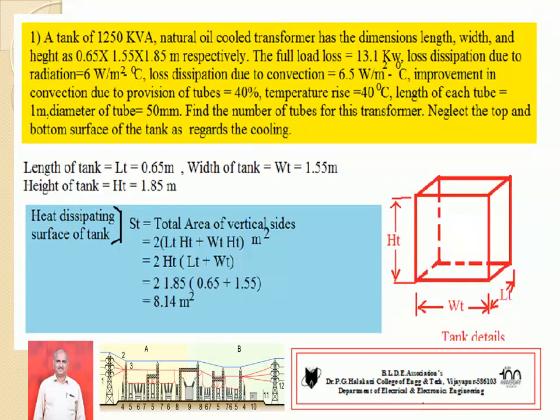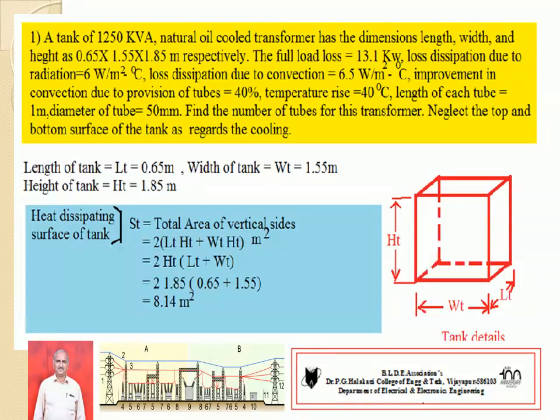Improvement in convection due to provision of tubes is 40%, and temperature rise is given. Length of each tube 1 meter, diameter of tube 50 mm. Find the number of cooling tubes, neglecting the top and bottom surfaces of the tank.